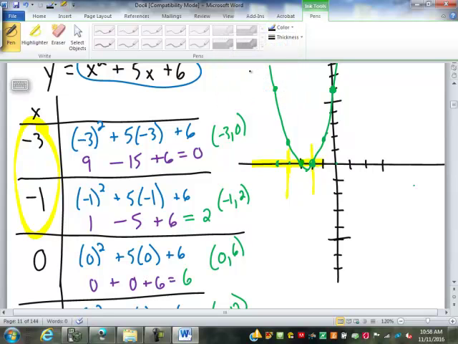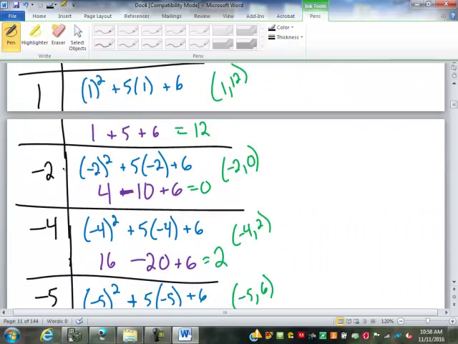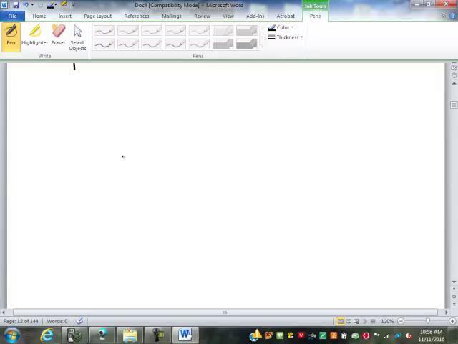There are a lot of different shapes that we could graph. I'm going to do one more here. It's going to look like this. Y equals 4 divided by x, sorry.